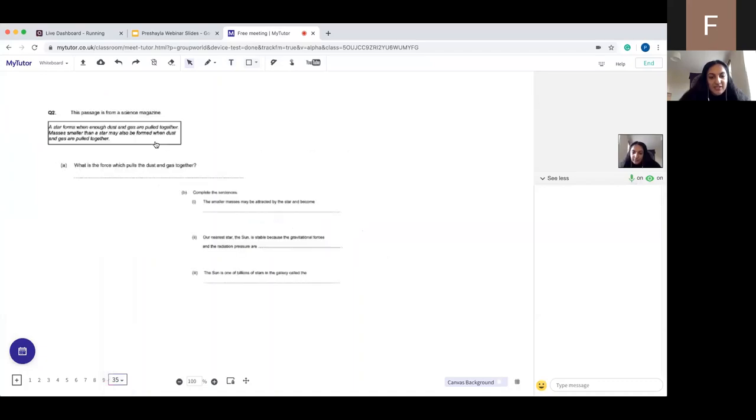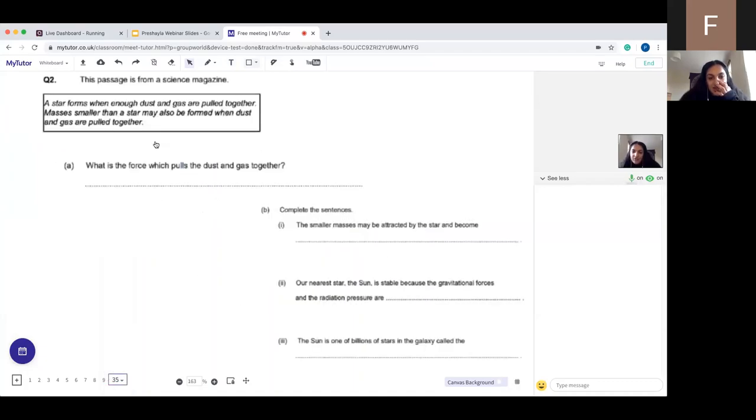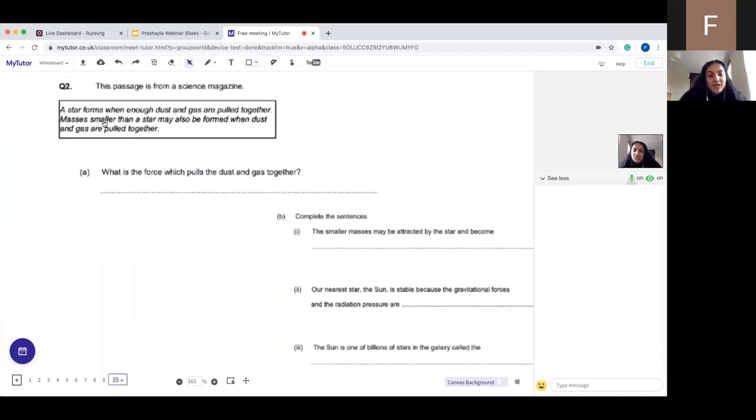Okay, you've been given this passage from a science magazine. A star forms when enough dust and gas are pulled together. Masses smaller than a star may also be formed when dust and gas are pulled together. What is the force that pulls the dust and gas together? So what is that force that creates this compaction of dust and gas?